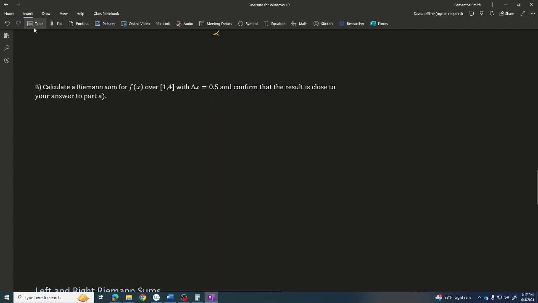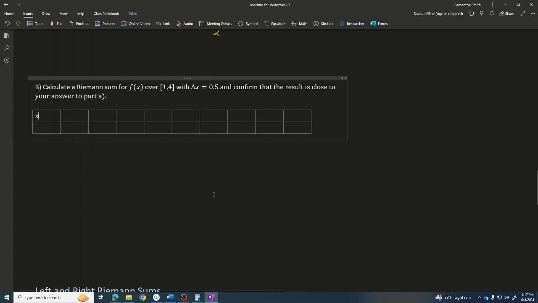So just as we did yesterday, in order to answer this question, I'm going to go ahead and set up a table of data. First row are my x values, second row are my y values, and I'm going to start with the first x value for my interval, which is 1 unit.